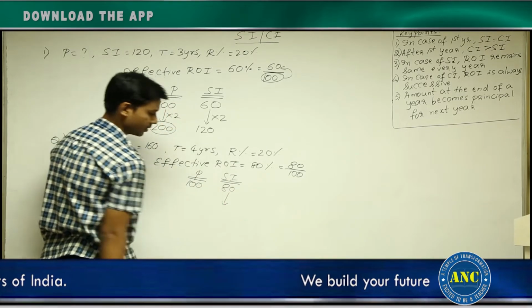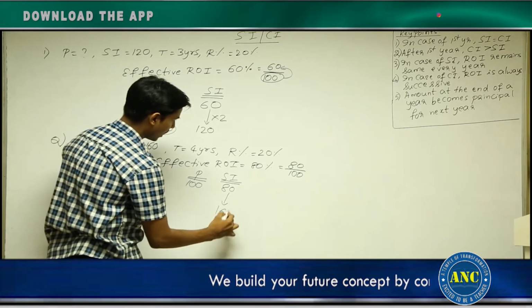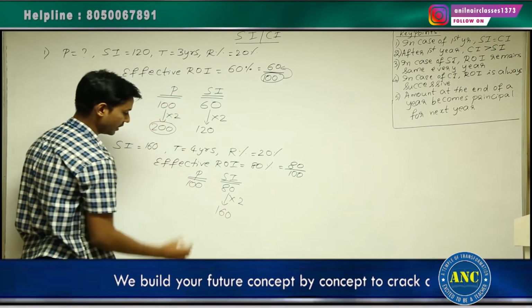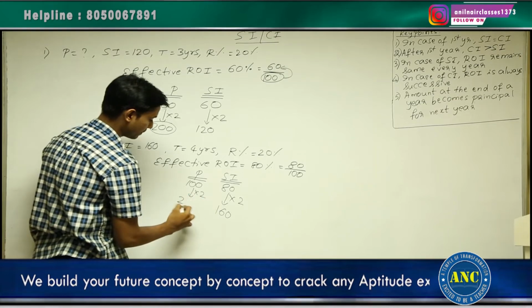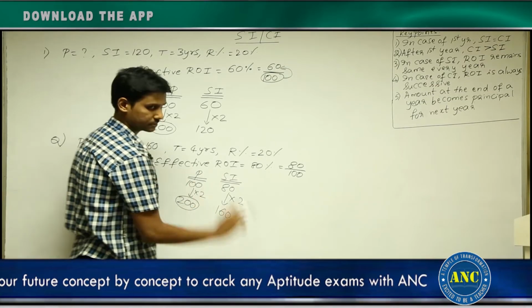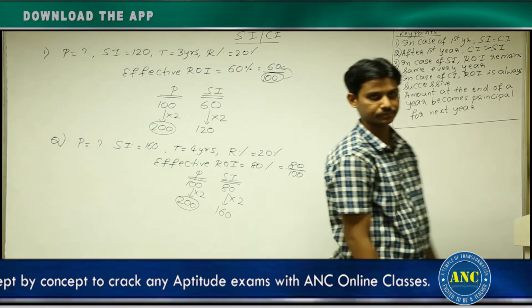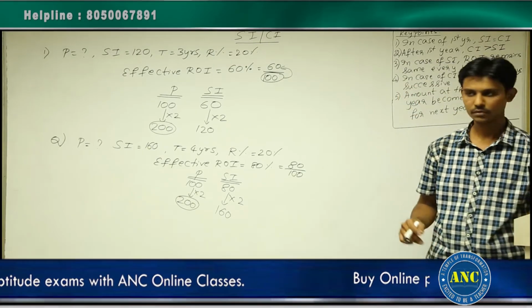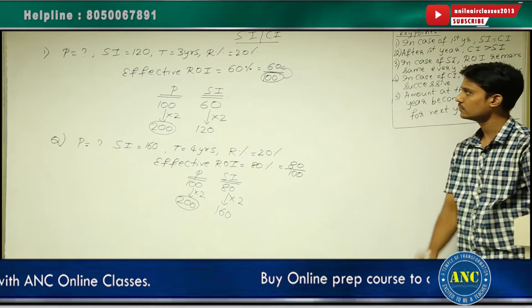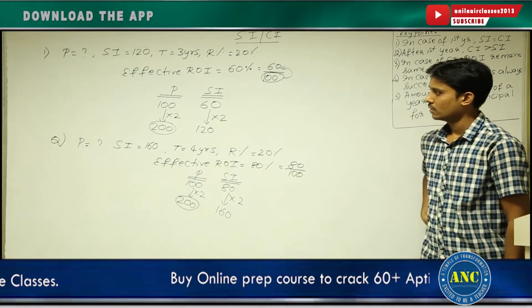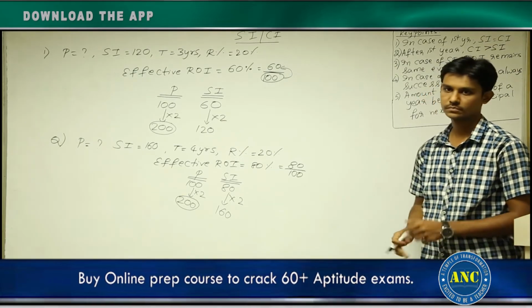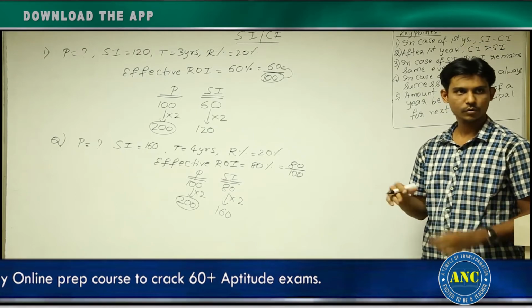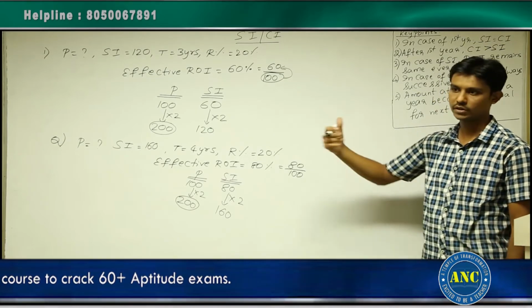But according to the question, this should be 160 rupees. 80 into 2 is 160, 100 into 2 is 200. Answer is 200. Getting the idea right? Understanding the approach? We will use only this kind of approaches in our problems.